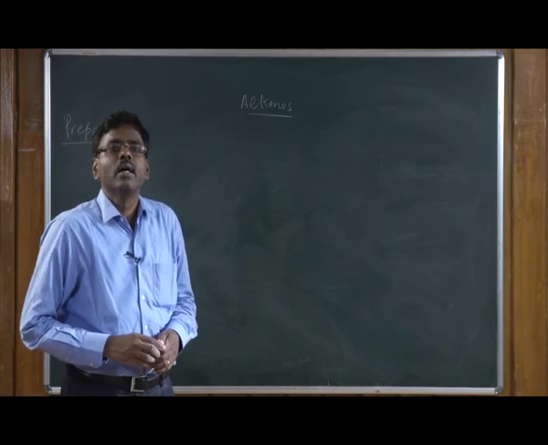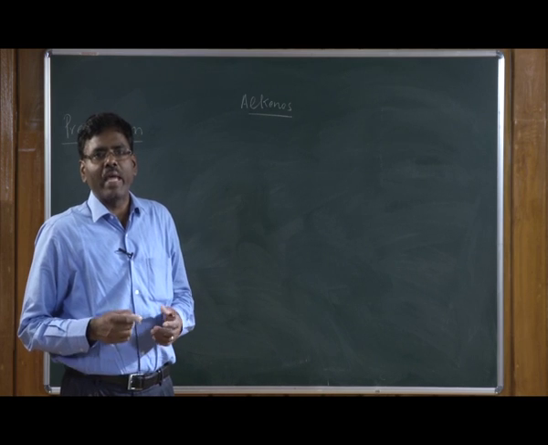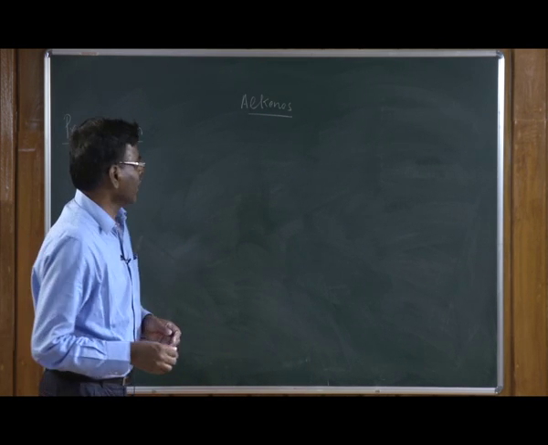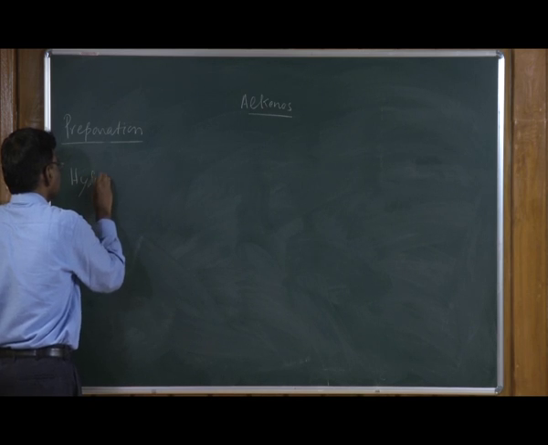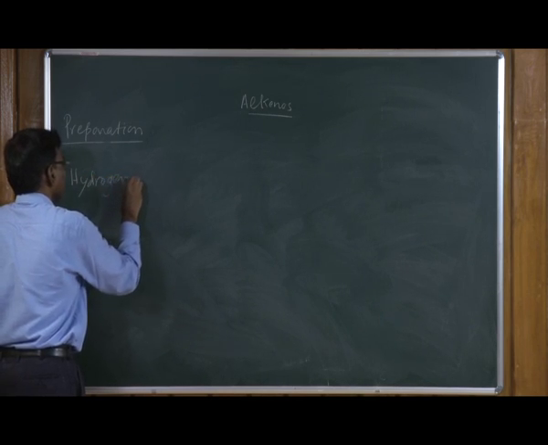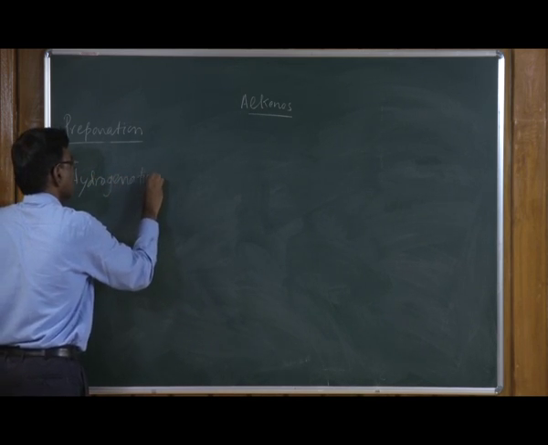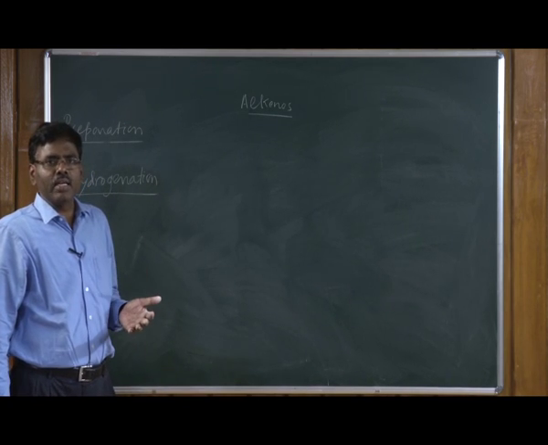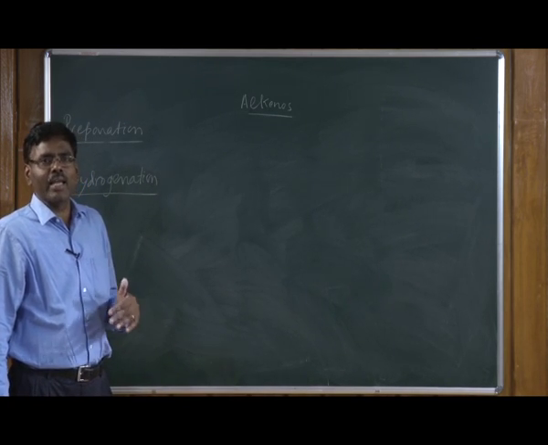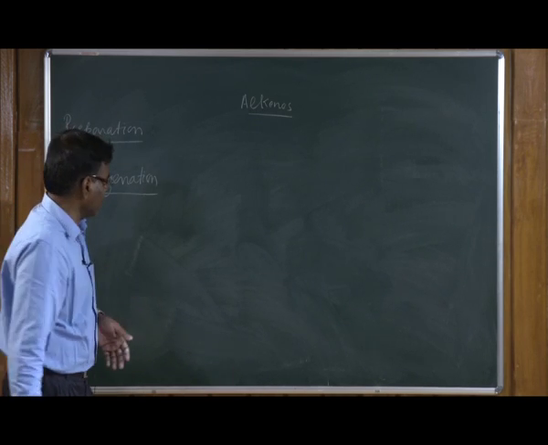The next common reaction to make alkenes is hydrogenation. It's a very important reaction, and if you have an alkyne, it can be converted into an alkene.